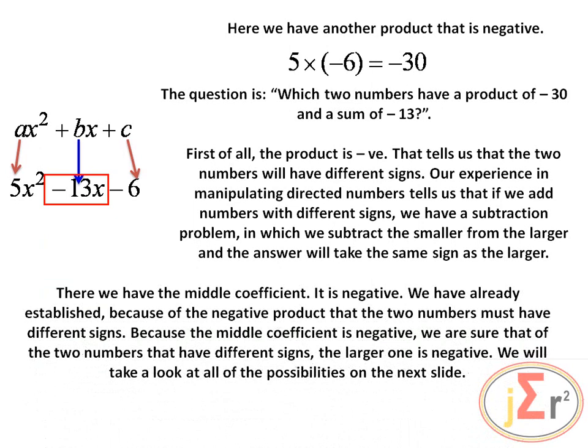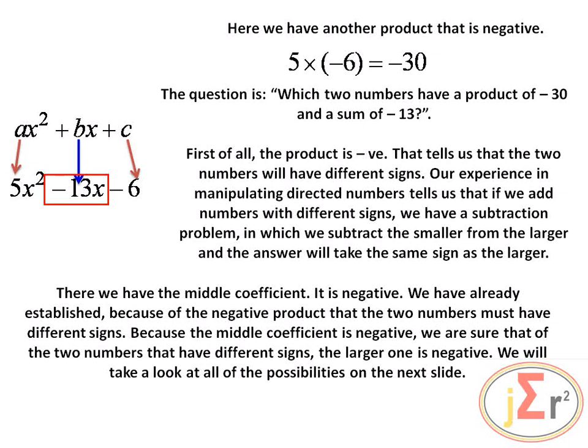We have already established, because of the negative product, that the two numbers must have different signs. Because the middle coefficient is negative, we are sure that of the two numbers that have different signs, the larger one is negative. We will take a look at all of the possibilities on the next slide.